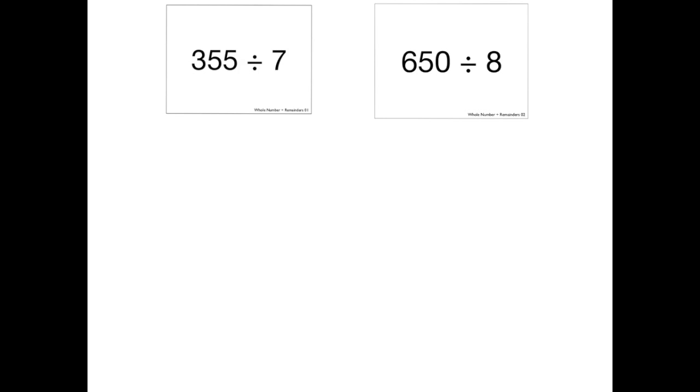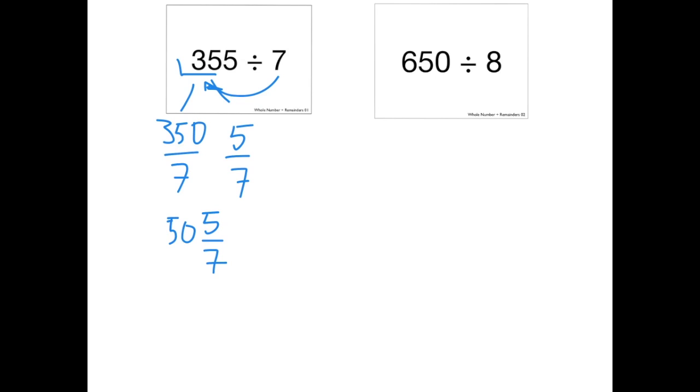So in this case, similar to Division Step 2, how many 7's in 350, which is 50, and the other part of the number, the difference between 350 and 355, is 5, and when I divide that by 7, I get the fraction representation 5/7. So my answer for the second question is 50 and 5/7.